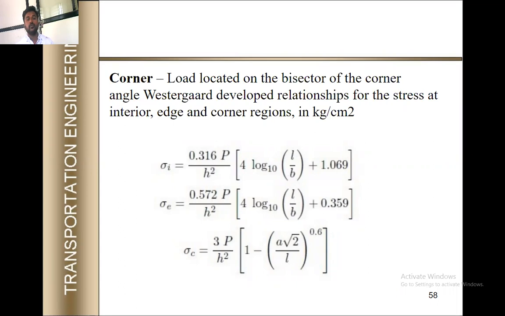And for the corner, Westergaard has given the stress relationship as 3P upon H square into bracket 1 minus A square root of 2 upon L raised to 0.6. So these are the formulas developed by Westergaard for the interior, edge, and corner positions.